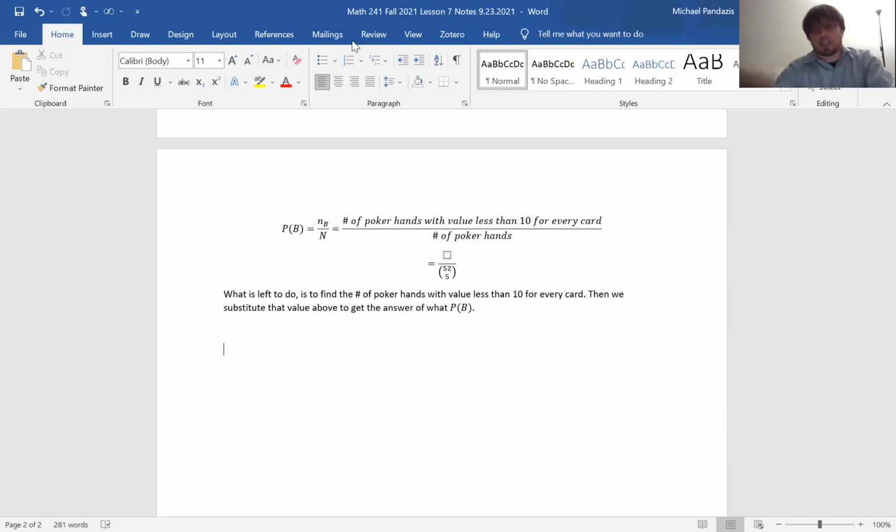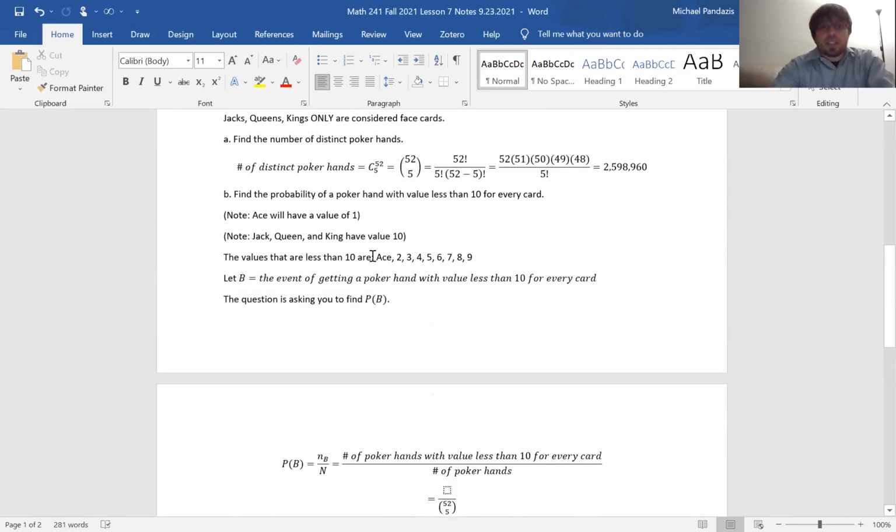So what cards are they? These are the values that are less than 10: Ace, 2, 3, 4, 5, 6, 7, 8, and 9. Each of them has 4 suits: hearts, diamonds, spades, clubs. So we have 9 different values, each with 4 different suits.